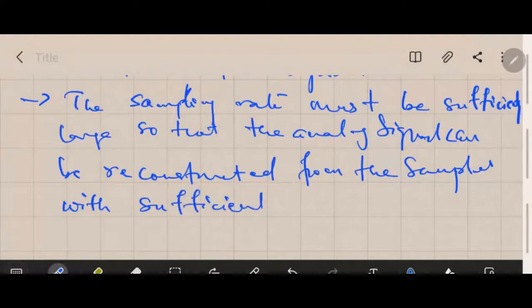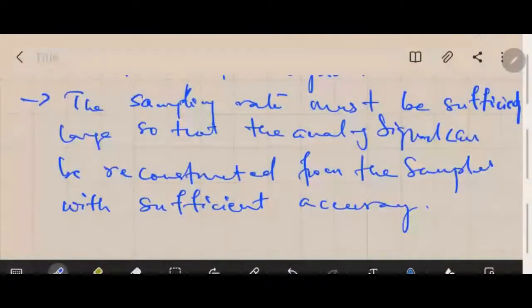So this point is very important: the sampling rate must be sufficiently large so that the analog signal can be reconstructed from the samples with sufficient accuracy.